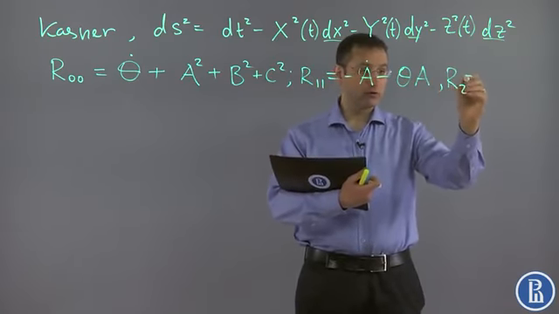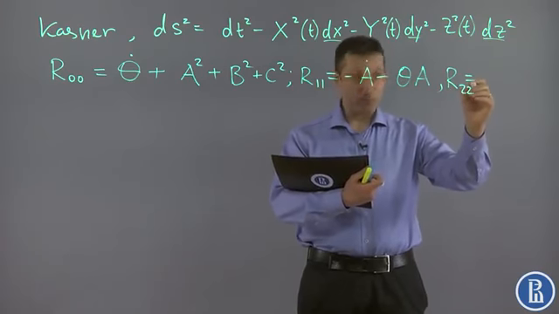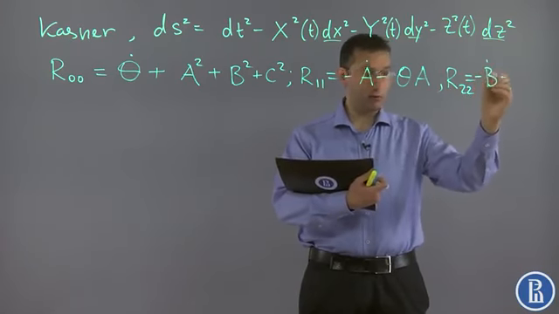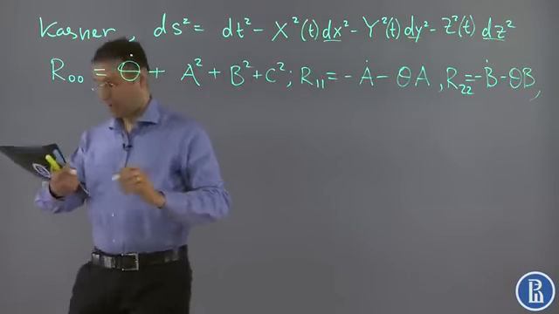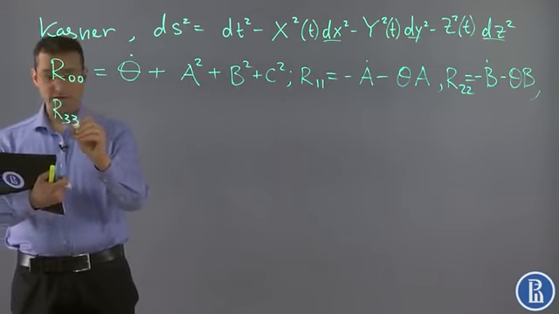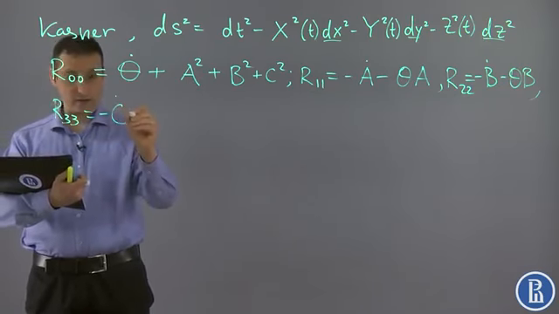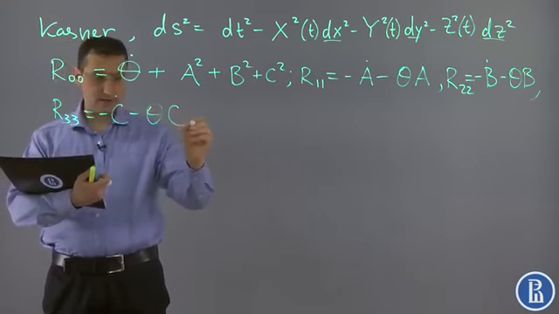R22 is equal to minus b dot minus theta b. R33 is equal to minus c dot minus theta c.